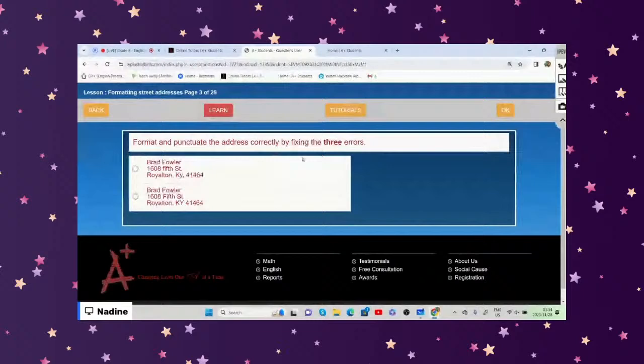We need to format and punctuate the address correctly by fixing three errors. Three errors. So we have Brad Fowler, which is the recipient, the receiver. And the street address is 1608 5th Street. 5th is written with a small letter.